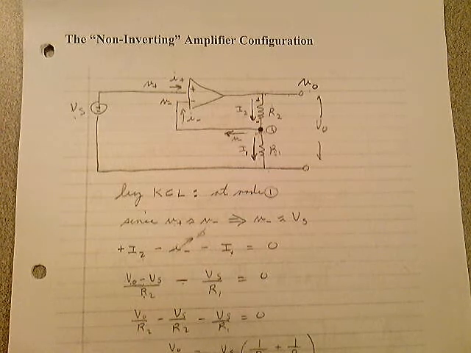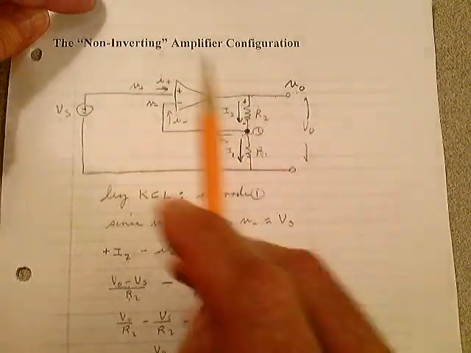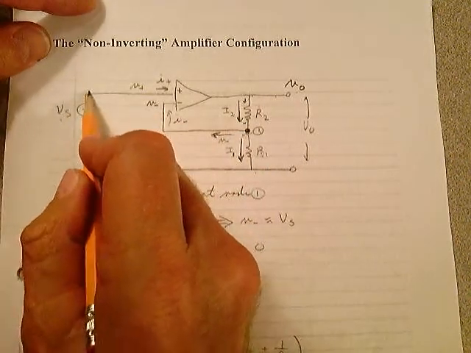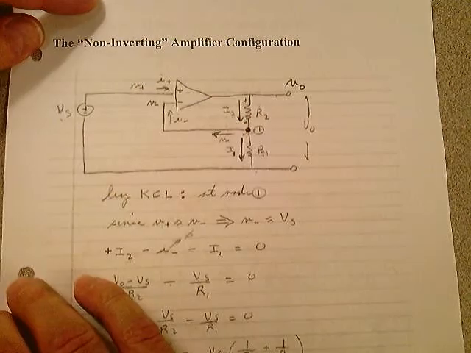In the previous two lectures we talked about the buffer amplifier or the unity gain amplifier and the inverting amplifier, and now the third configuration is the non-inverting amplifier. This is what the non-inverting amplifier circuit looks like. Notice that the input voltage Vs feeds into the non-inverting input.